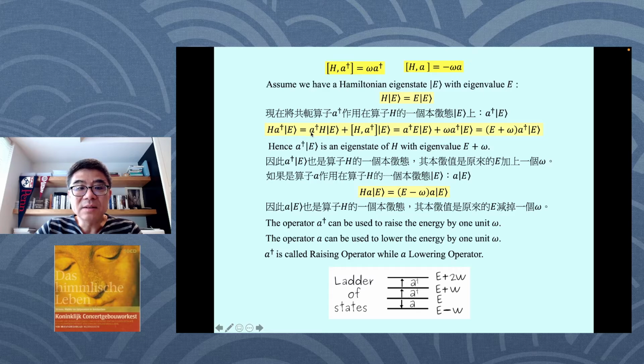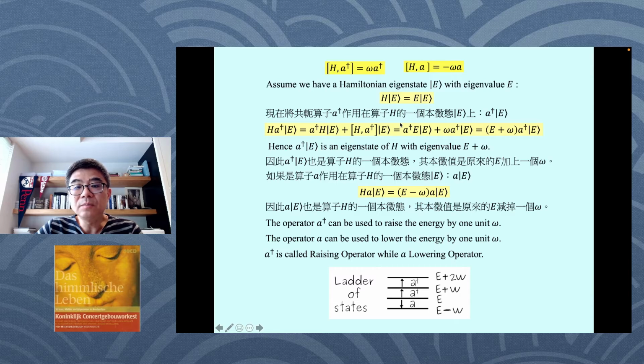Okay, and the first term, H acting on E, directly gives you a number because the state E is an eigenstate of the Hamiltonian. Therefore, we got a number E. Number E could be switched to the front, and then we got, again, A dagger acting on E, the same as the second term.